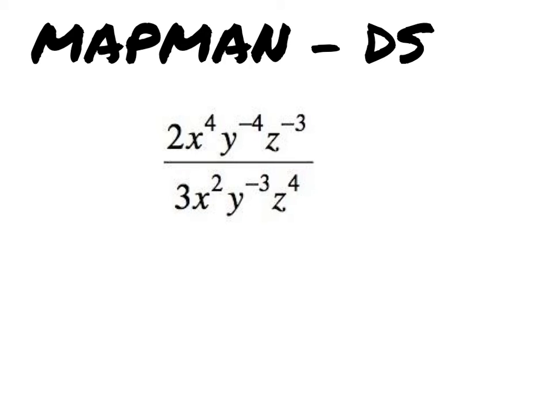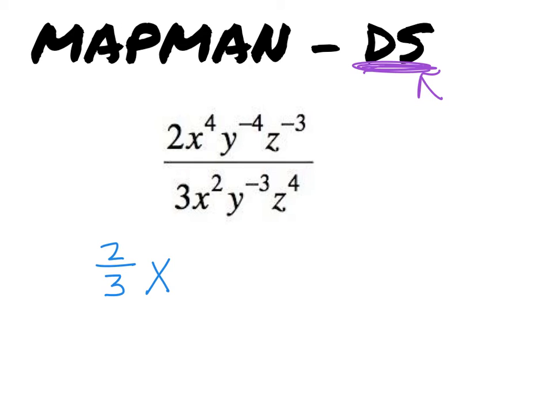And then for this example, we are dealing with the Dirty South. We are dividing, that's our operation, so we're going to subtract our exponents. So let's go ahead and just get started on this. We have a 2 over 3. There's nothing really we can do to reduce that. Then we've got our x.